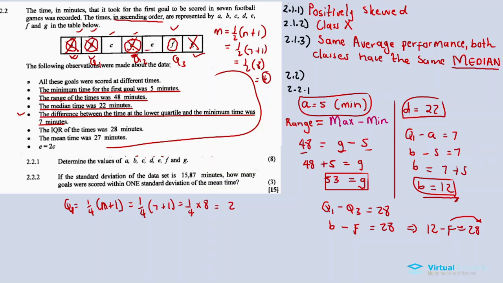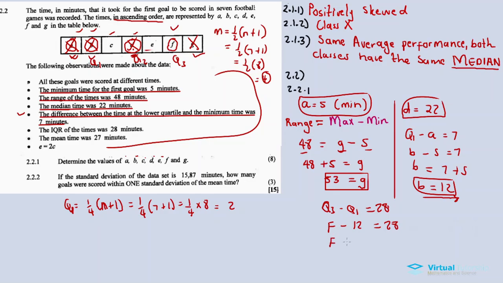Okay, I see I made a blunder here. The interquartile range is in fact Q3 minus Q1 equal to 28. So Q3 is F minus Q1, which is B. B is equal to 12, equal to 28.